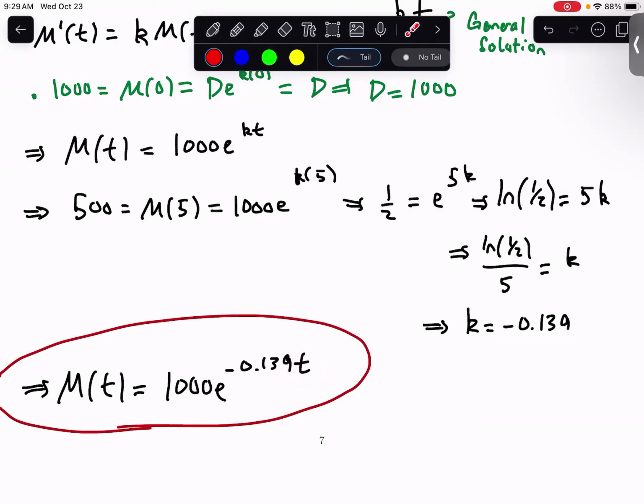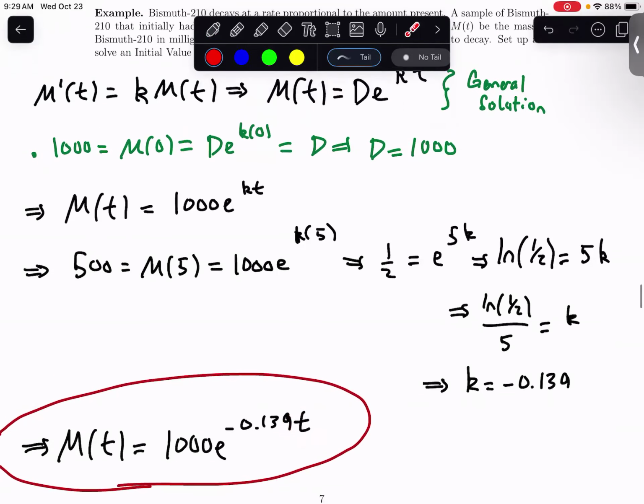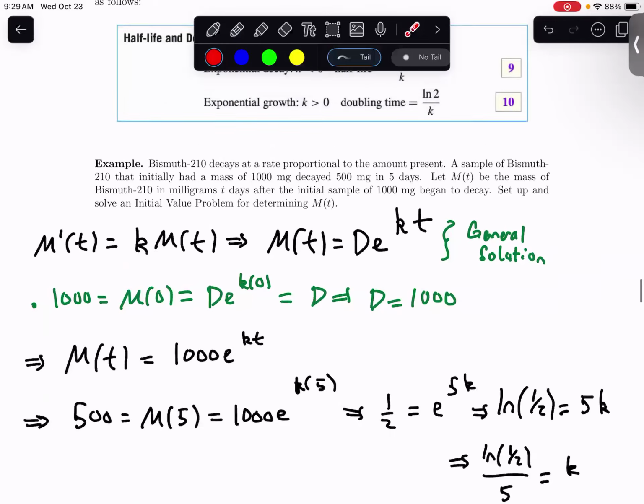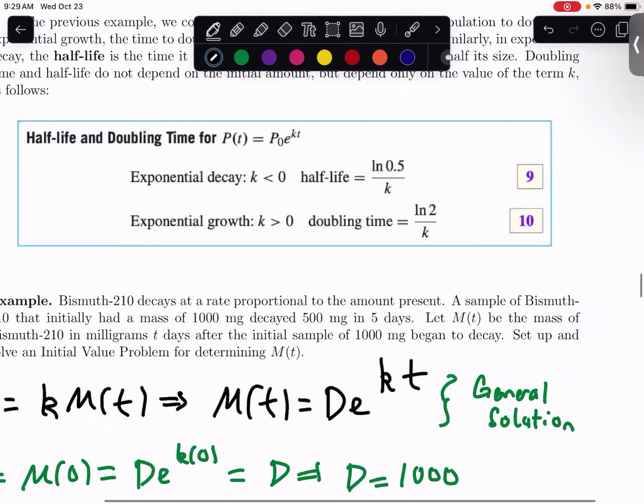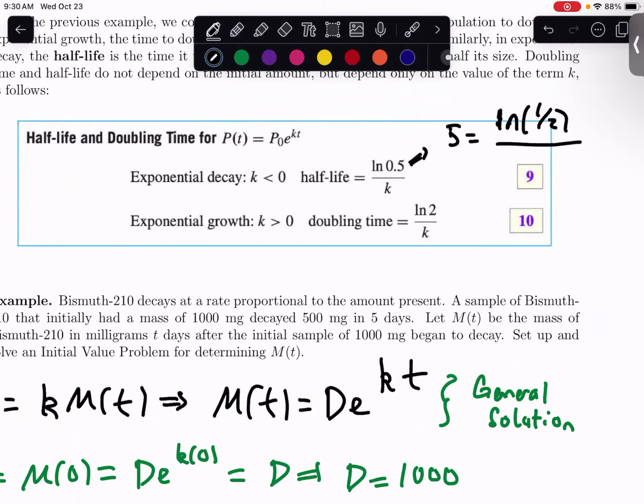And so what I was saying before, what we ultimately found was that k was equal to the natural log of 1/2 divided by 5. We were able to derive it just by using algebra, but you can also just use the equation that I have written here. In the example that we just saw, the half-life was equal to 5. So this is really saying we had 5 is equal to the natural log of 1/2 over k.